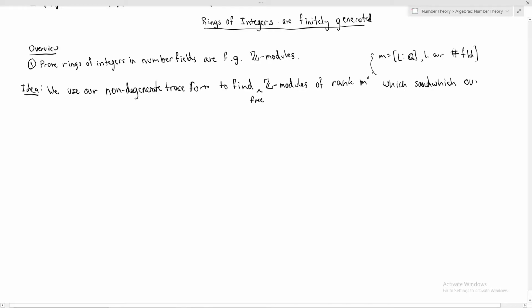So our ring of integers is going to fit between these two free Z-modules.